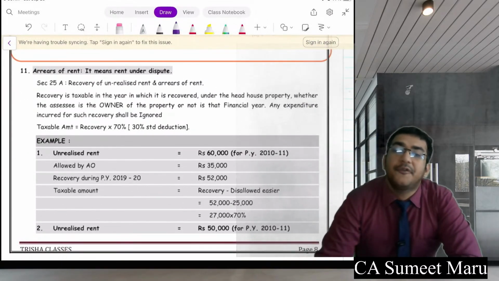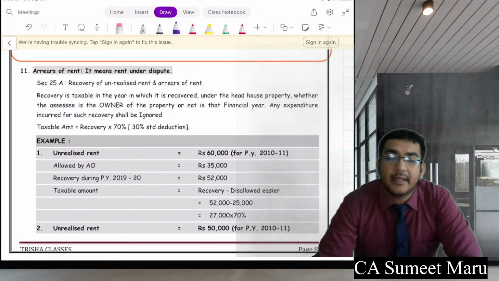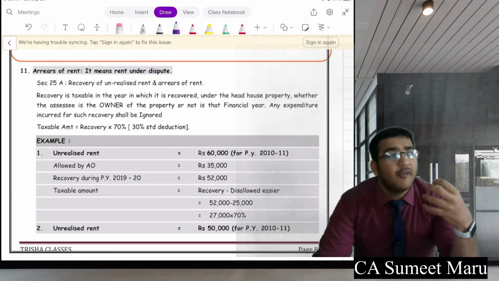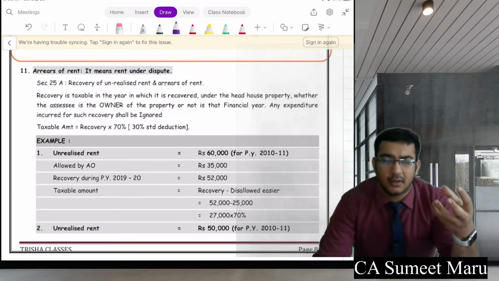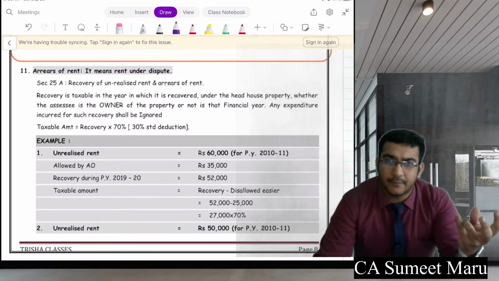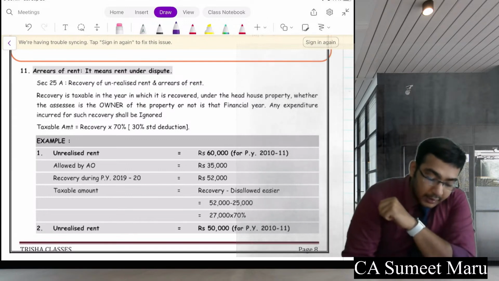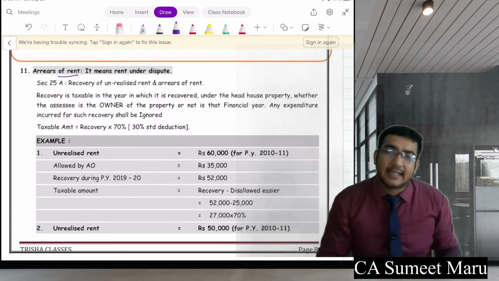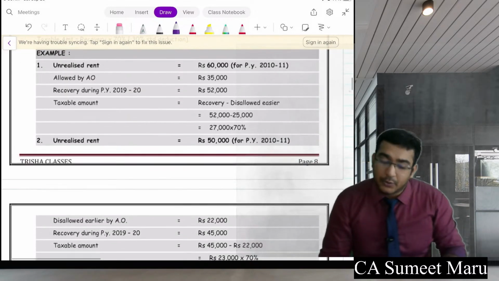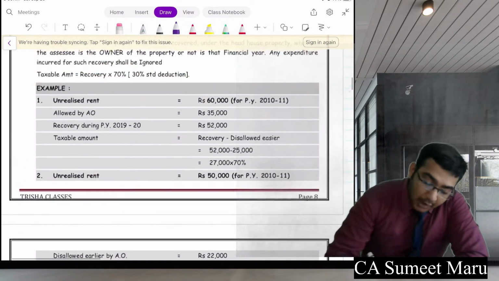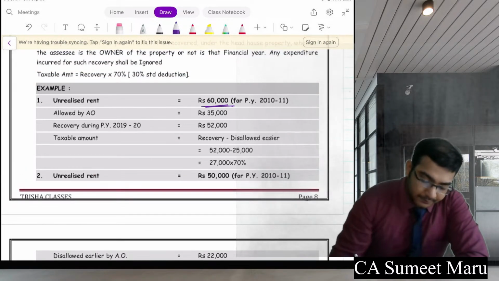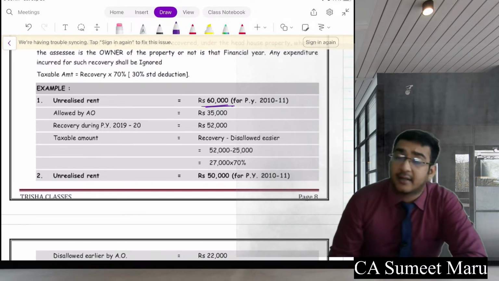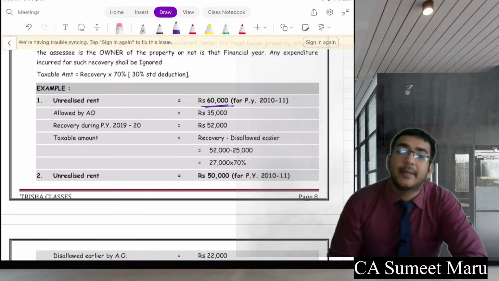Last part, if you recover any irrecoverable rent taken earlier. So as per rule 4 condition, in earlier years when you haven't recovered some of the amount as rent, but later on in future they come back and they pay you this rent, the irrecoverable rent is paid to you. In that case, whatever rent is paid to you, you take a 30% allowance, and the balance would be taxable.